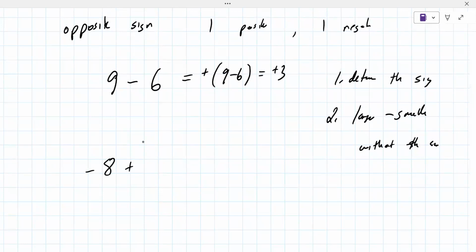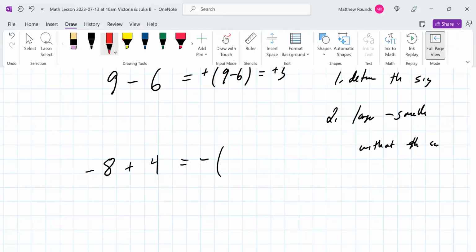So now let's do a more realistic one. -8 plus 4. Are these opposite in sign? Is one negative and one positive? Yes. Which means that you have to determine the sign. Which is further from 0, -8 or +4? -8. So the answer is negative. Then you treat the numbers without the signs, like an 8 and a 4.